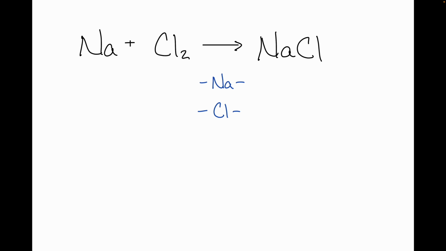How many sodiums were there on the reactant side? Just one. And how many chlorines? Two. It's Cl2 in that formula, so there are two. And on my product side, my formula NaCl tells me there's just one of each.